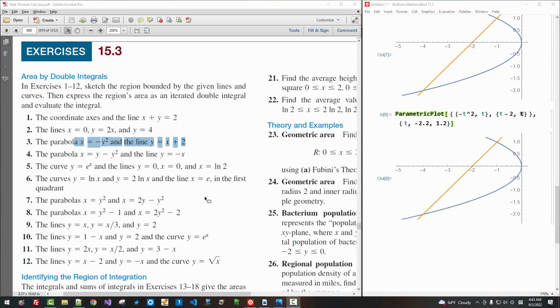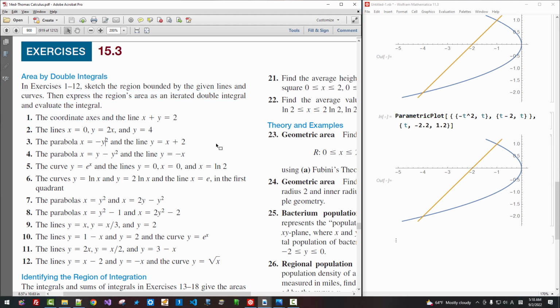Now let me read the problem once again. Sketch the region bounded by the given lines and the curves. We solved this part, then express the region's area as an iterated double integral and evaluate the integral. Now we integrate this problem. Here, integrate. This is double integral.